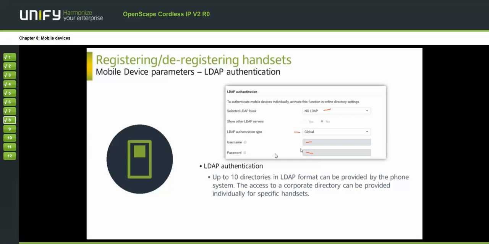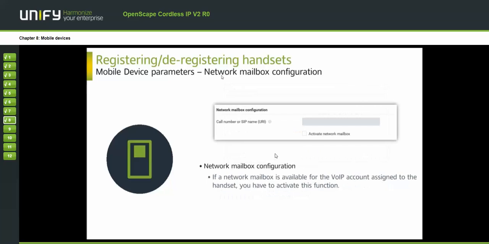I click on Start Now, that's why all the other times are grayed out, and in other circumstances I could also change the registration duration here if I interrupted the registration procedure. Then during this time, all handsets which have the status to register can become registered.